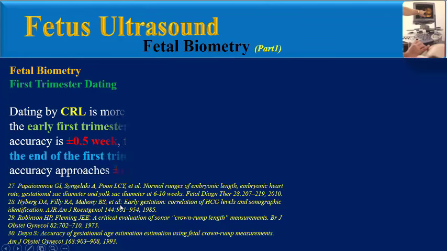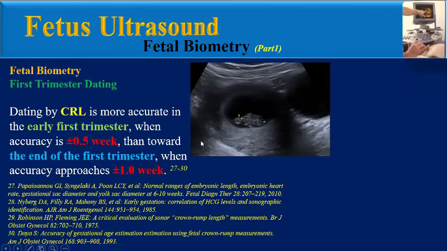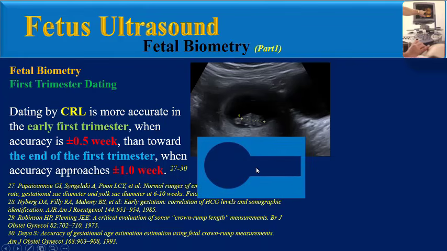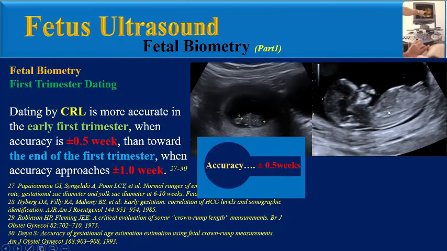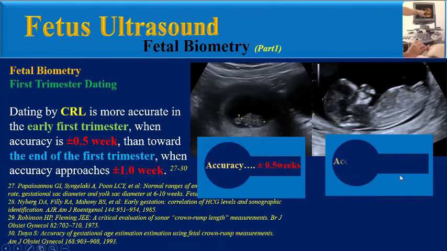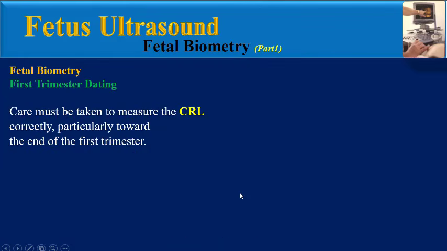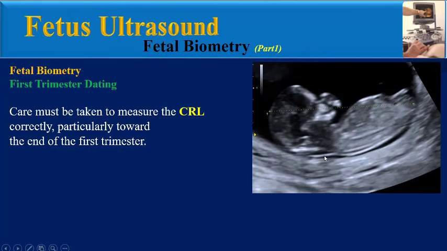According to many studies, dating by CRL is more accurate in the early first trimester, when accuracy is plus or minus half of a week, than toward the end of the first trimester, when accuracy approaches 1 week. Care must be taken to measure the CRL correctly, particularly toward the end of the first trimester.